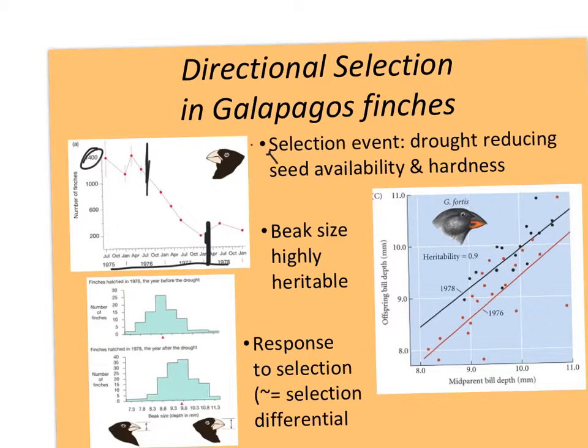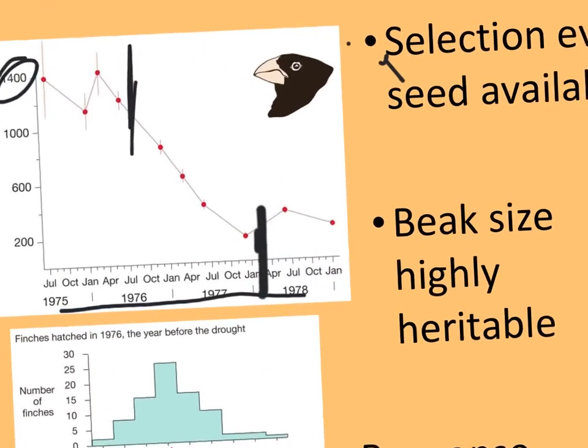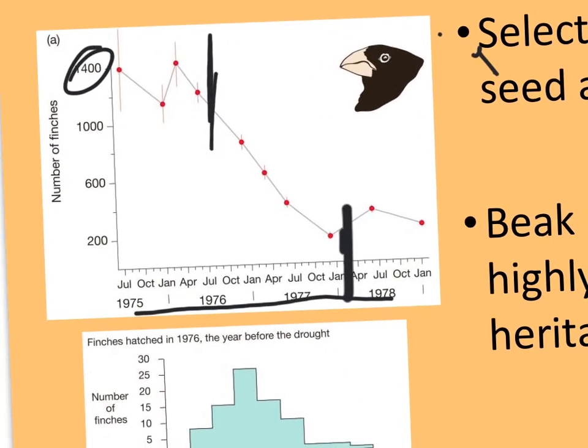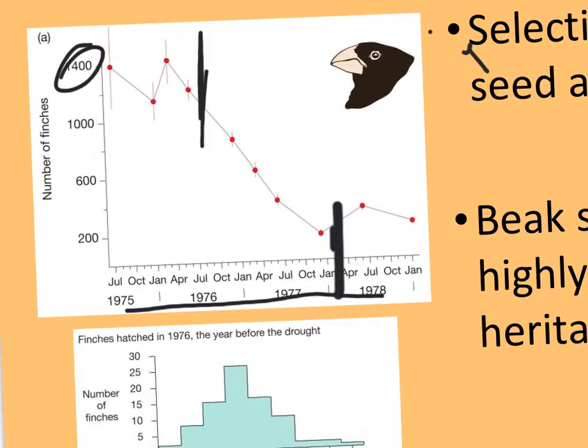In fact, if you look at right here, this is now the population size. It's down around 200 instead of up here around 1,400. In other words, almost everyone died. Only those with the strongest beaks survived. It turns out most of those were males, by the way, but a few females did.